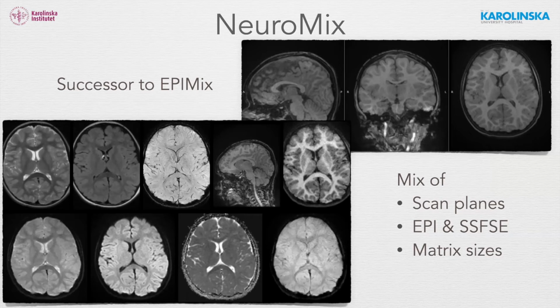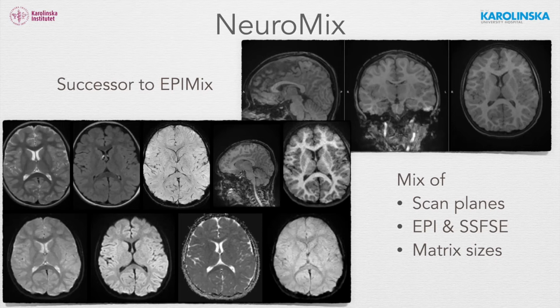In addition to what EPIMix could offer, we have replaced the T2 and T2 FLAIR with distortion-free single-shot fast spin echoes. We have a 3D EPI SWI, and we have a 3D T1 and so on.